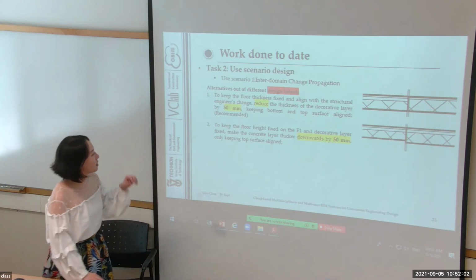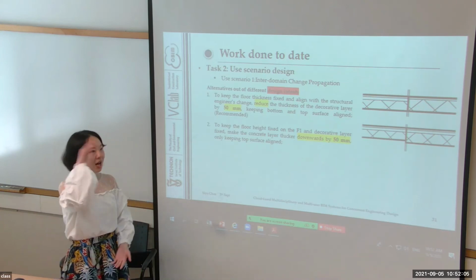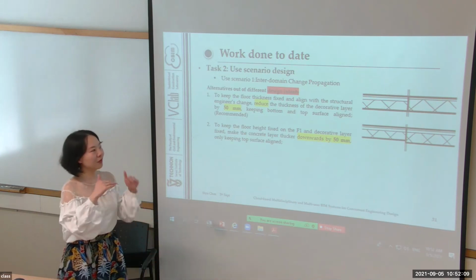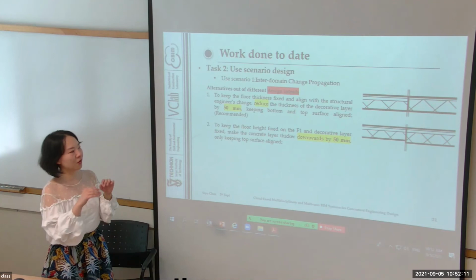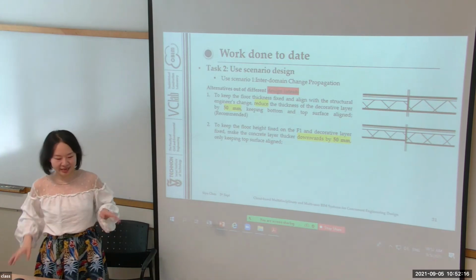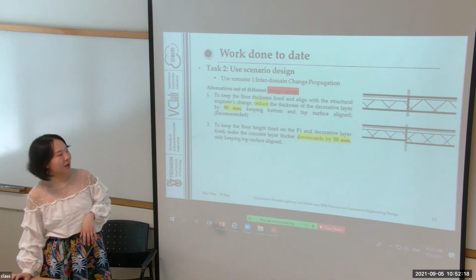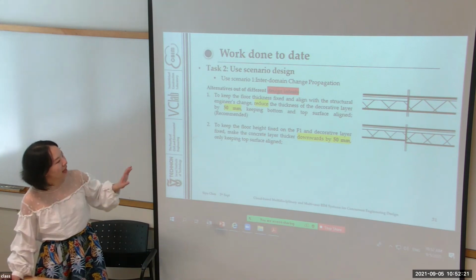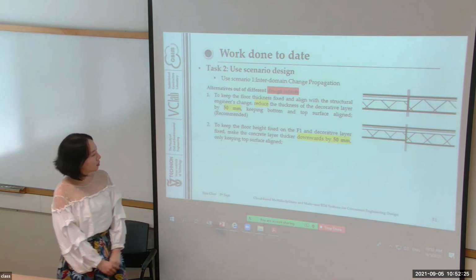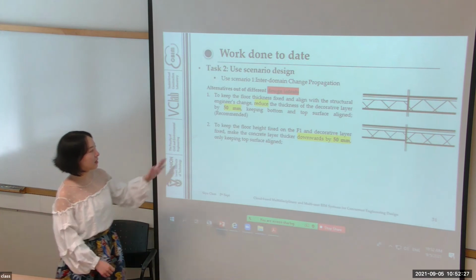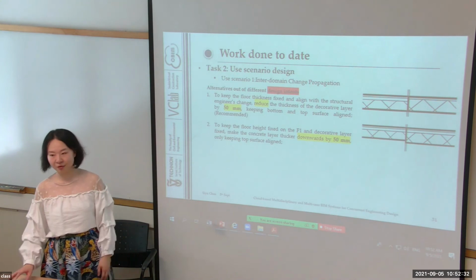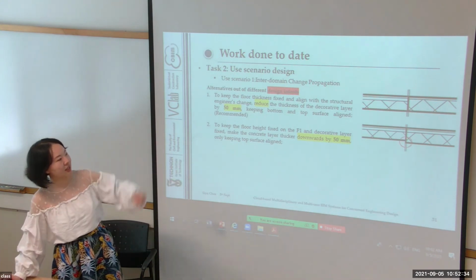And the second option is to keep the floor height fixed. That means the distance from the top surface of the floor to the ceiling will be maintained. Then the decorative layer also wants to be fixed, so the system comes up with an option to make the concrete layer thicker downwards by 50 millimeters, as you can see in the picture.